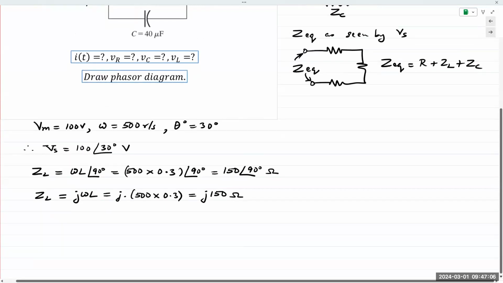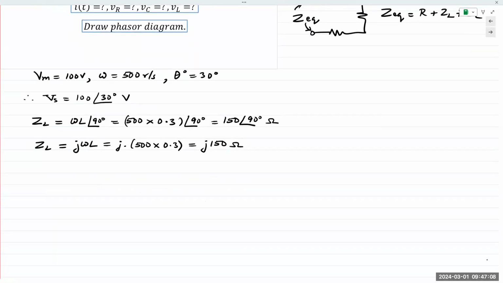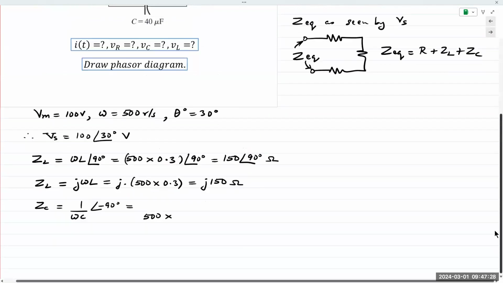Okay, so then let's find ZC. ZC would be 1 over omega C with angle of minus 90. Omega is 500. The capacitor is, what is the capacitor? 40 microfarads.